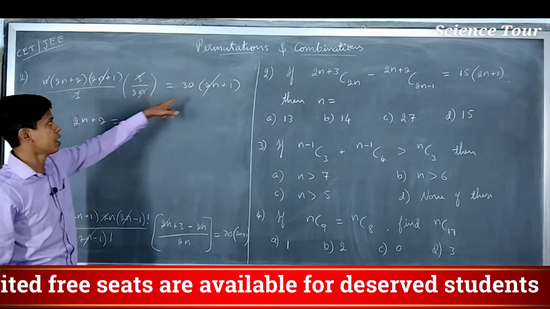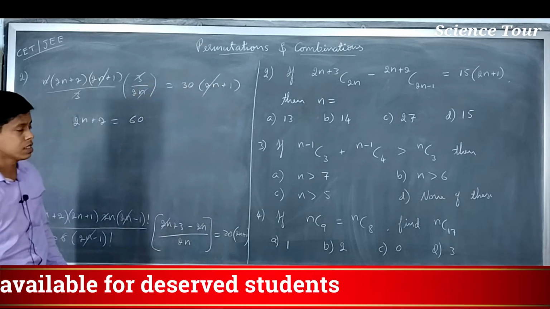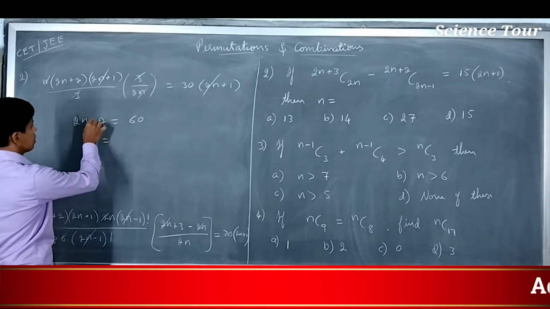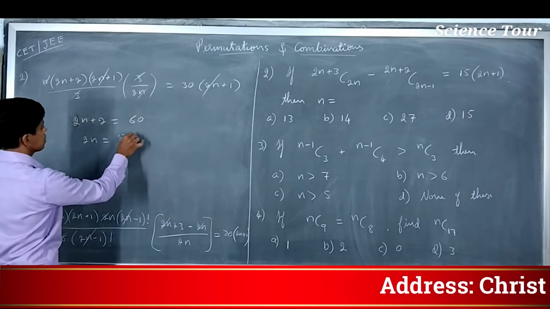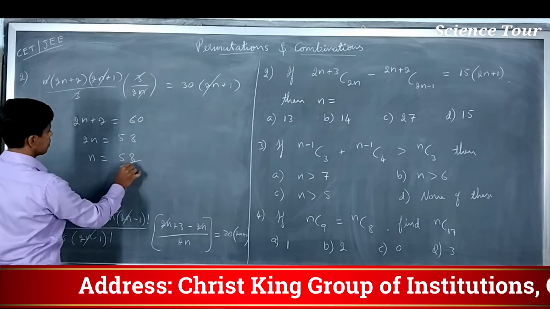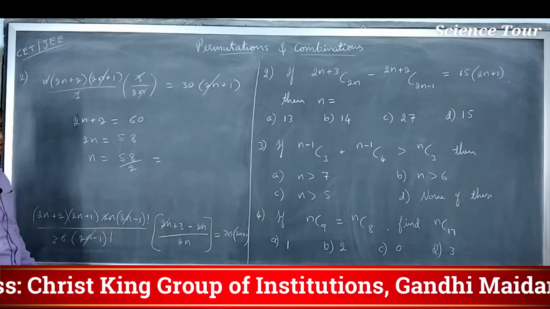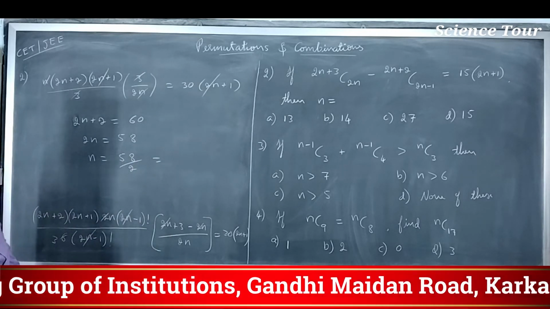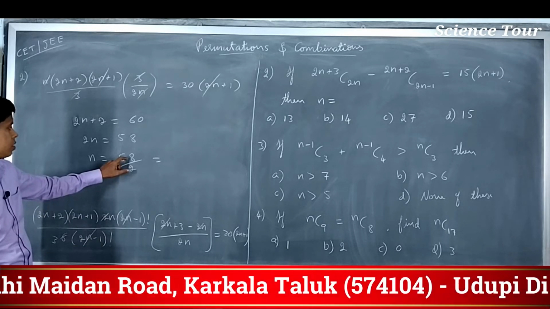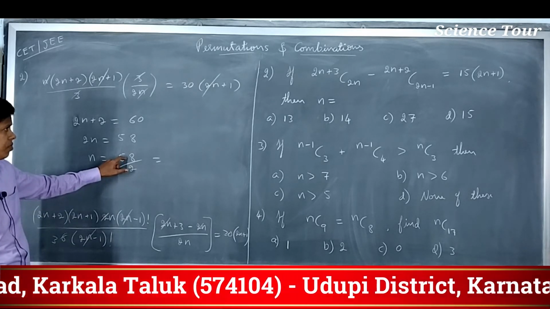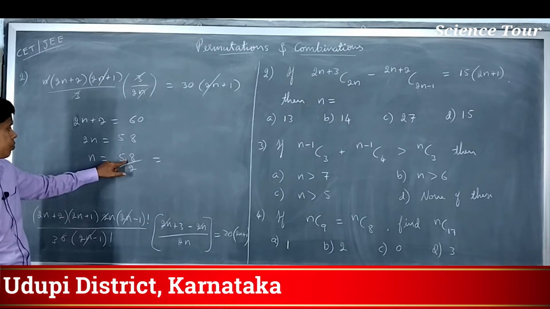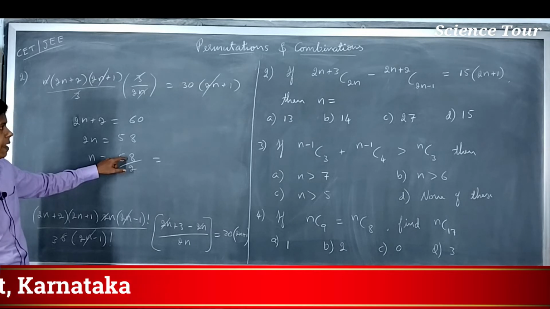Okay, so I have multiplied this 2 here, that has been cancelled. So that is like 2n is equal to 60 minus 2, which is 58, which is equal to 58 by 2, so divided by 2, right? So that is 27, no, it's like 29.